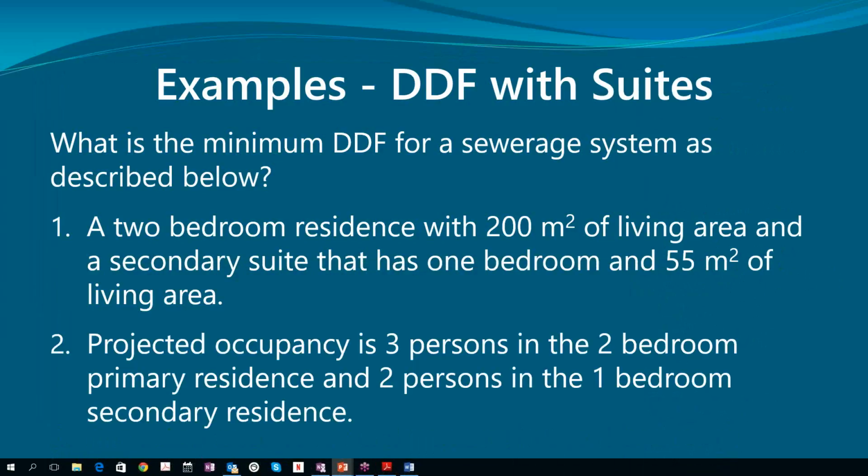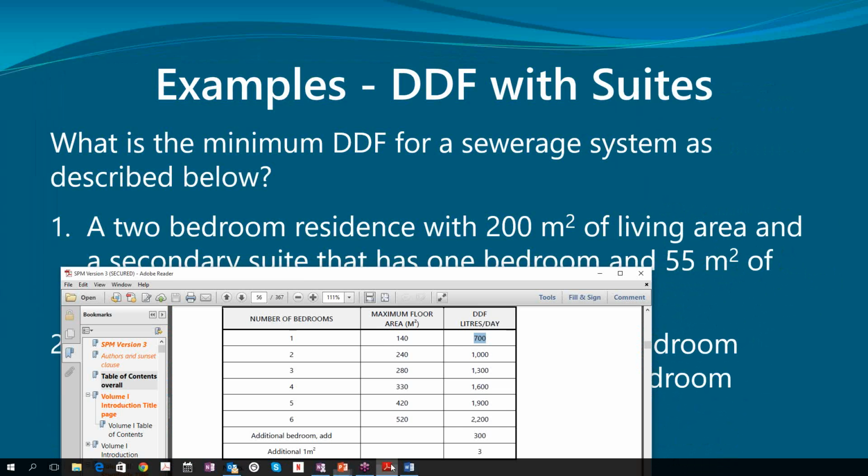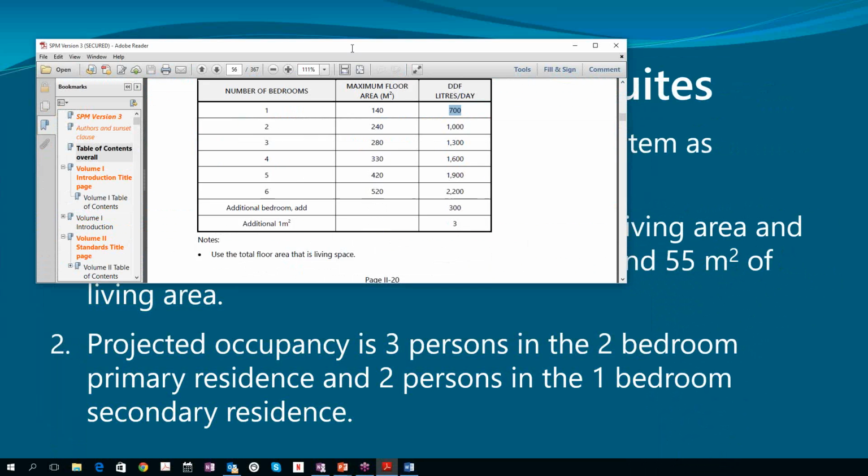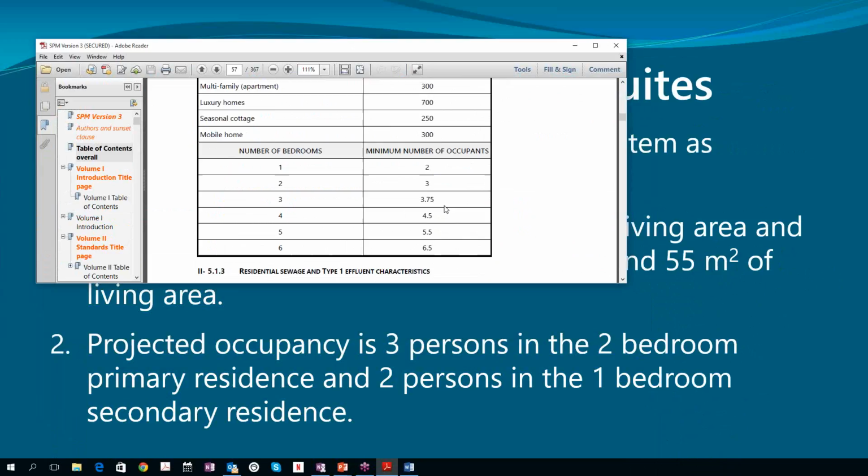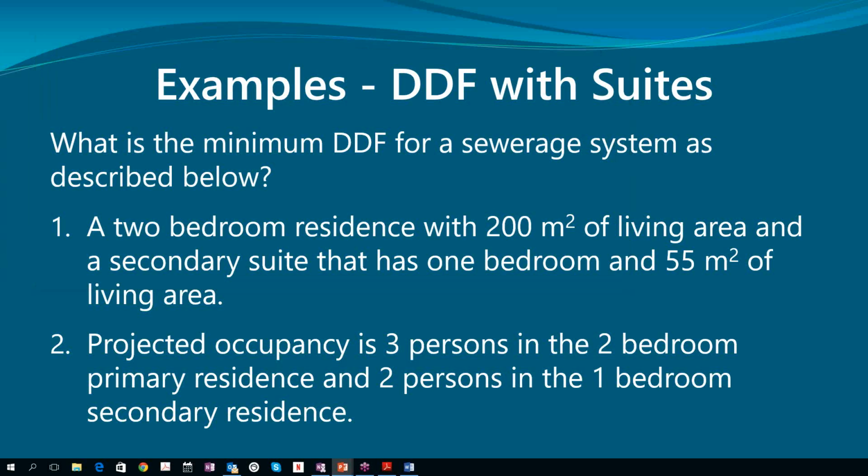If the occupancy was 3 persons in the 2-bedroom, 2 persons in the 1-bedroom, that actually falls within that table. Right? For a 2-bedroom, 3 is okay. For a 1-bedroom, 2 is okay. So the answer is still 1700. No additional DDF required.